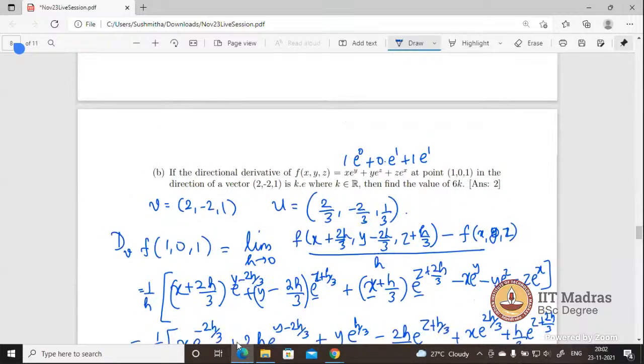Okay, let me just check if the answer is right. Yeah, definitely it has to be right. E power y, I'm just calculating the gradient.